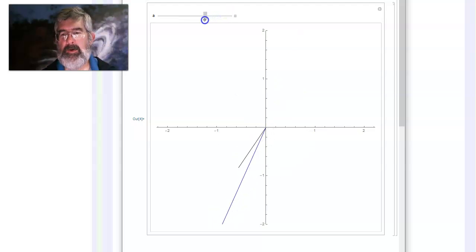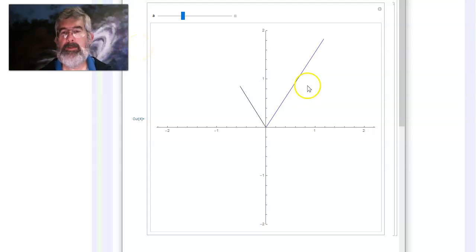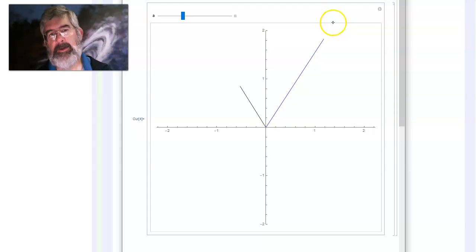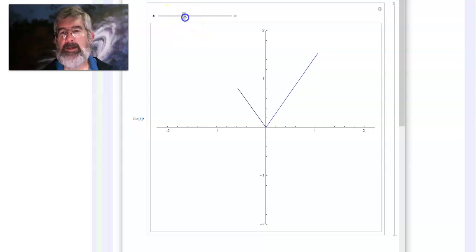So I only really need to look at those unit vectors because I know that matrix transformations satisfy the homogeneity property. Any input that's a scalar multiple of this one will have an output that's a scalar multiple of that one. So if I know the direction of the input, I can see the direction of the output. The actual lengths I'm not particularly worried about. But I can move this around and I can see some things.